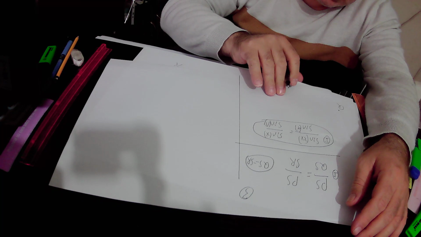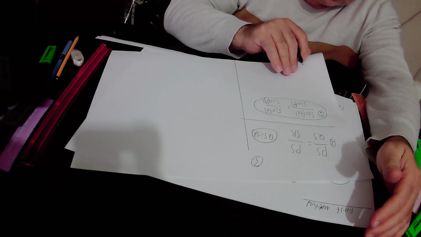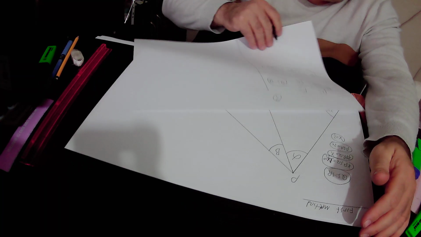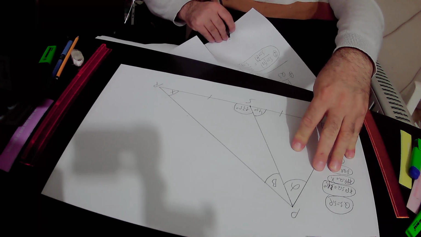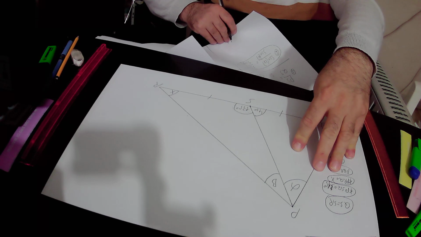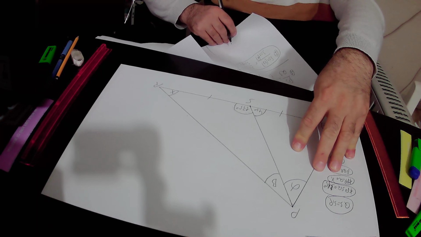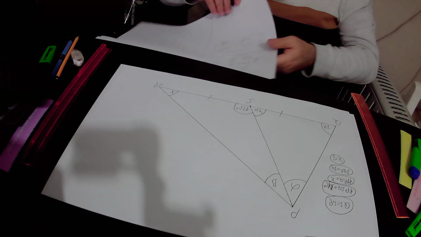And then, if we focus on triangle PQS, we know that the sum of the angles of triangle PQS is equal to 180 degrees.